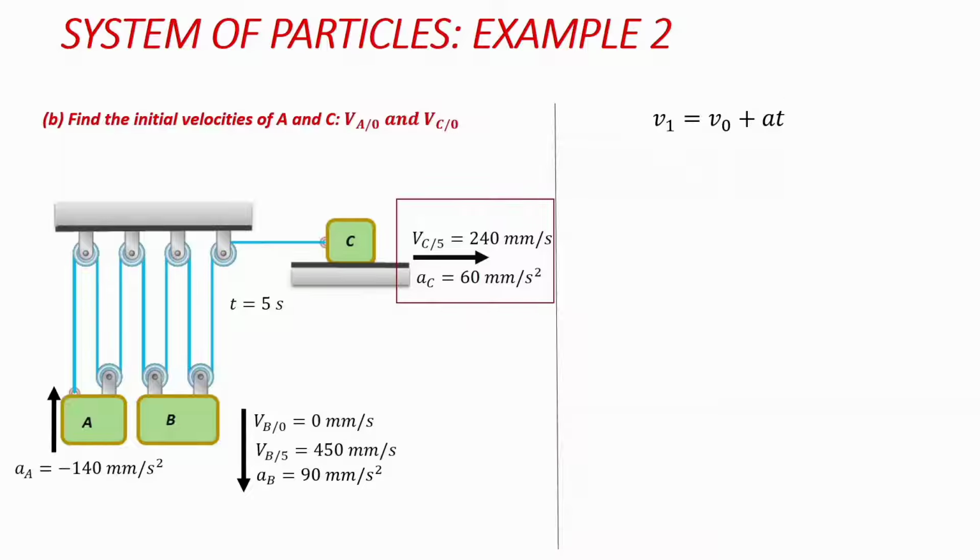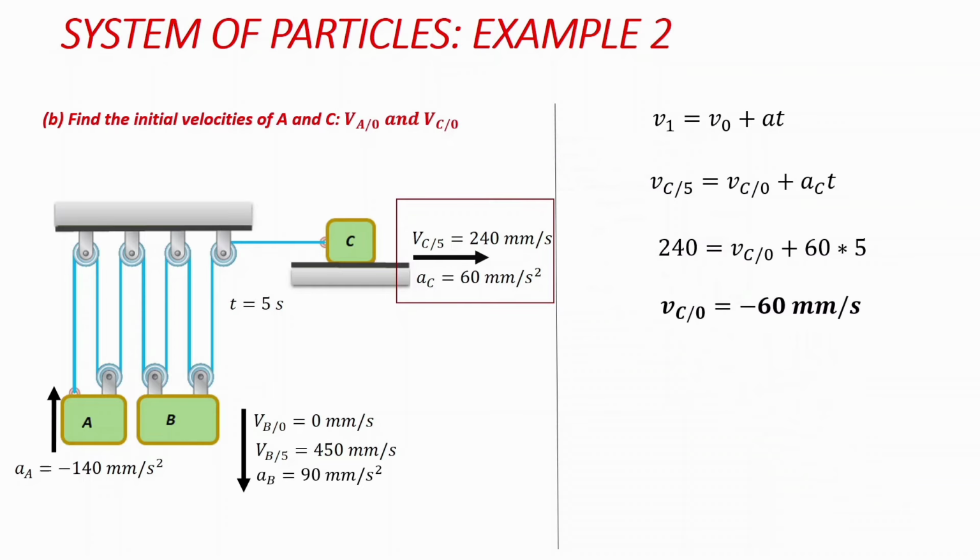We have the acceleration to be 60 millimeters per second squared, and we have the time, which is 5 seconds, and we're looking for the initial velocity. So this equation is valid. We go onwards to estimate the value of the initial velocity using this equation, and once we simplify, we get that our initial velocity VC0 is equal to minus 60 millimeters per second.